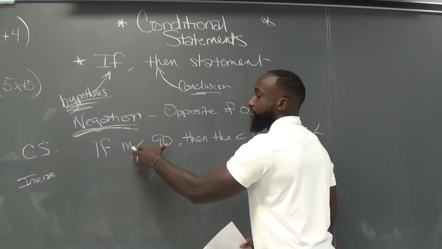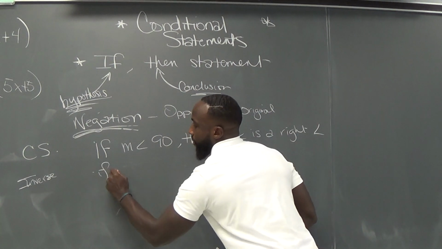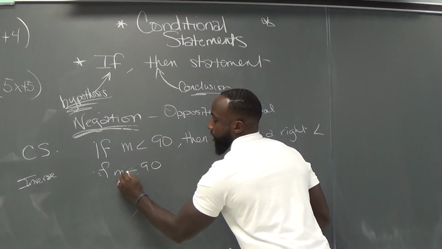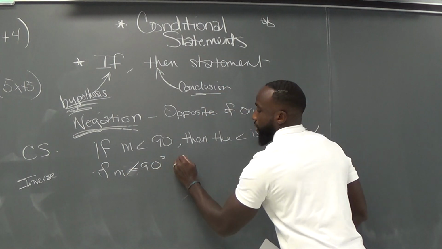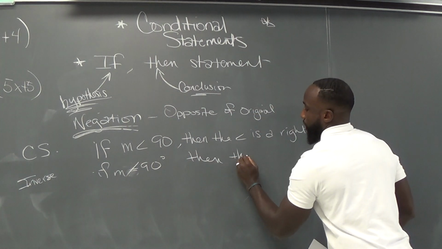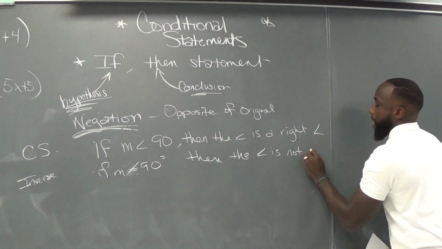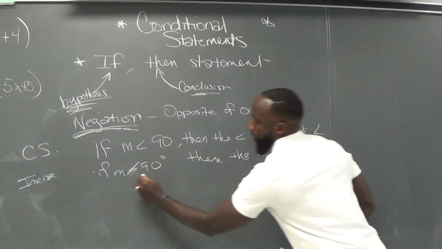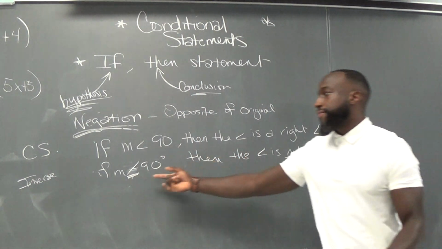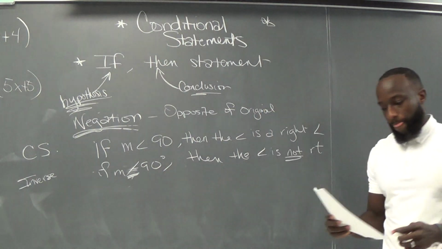An inverse is where both are nots. So the inverse would be: if the measure is not 90 degrees, then the angle is not a right angle. If this is not, then this is not.